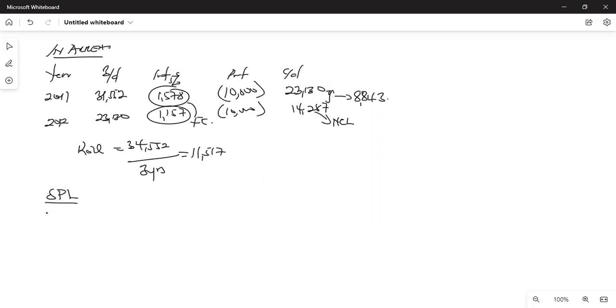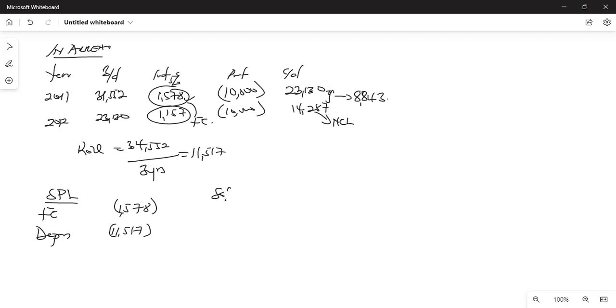So in our statement of profit and loss, we will have our finance cost for 2011, which is 1,578. We will also have our depreciation, which is 11,517. Since these are expenses, we can put them in brackets.